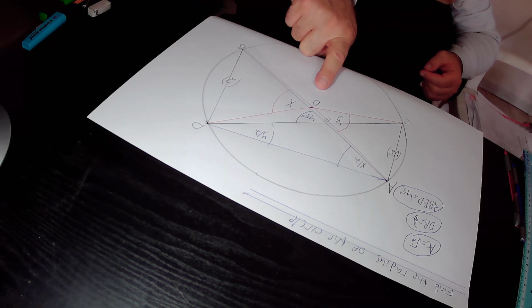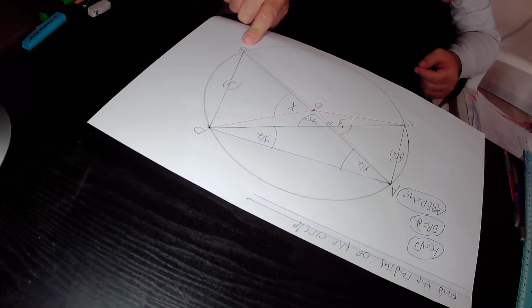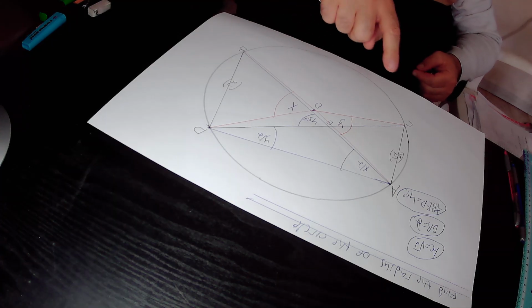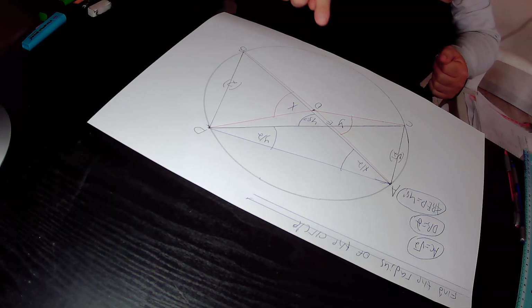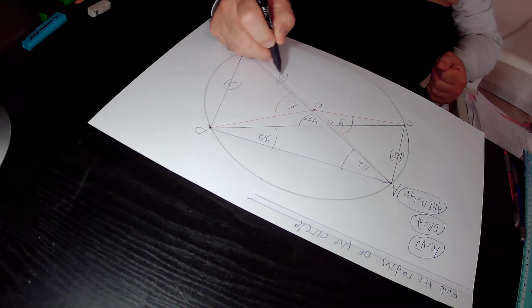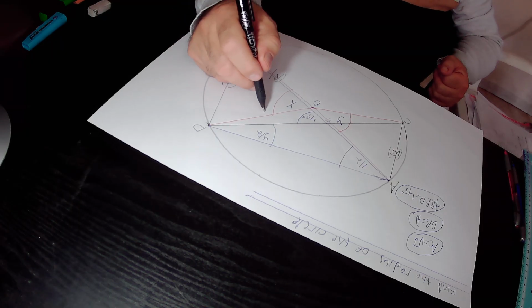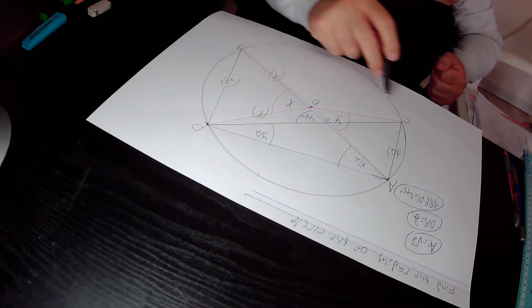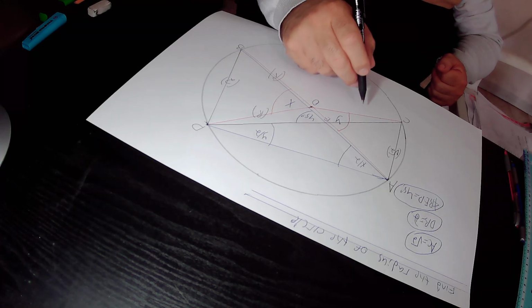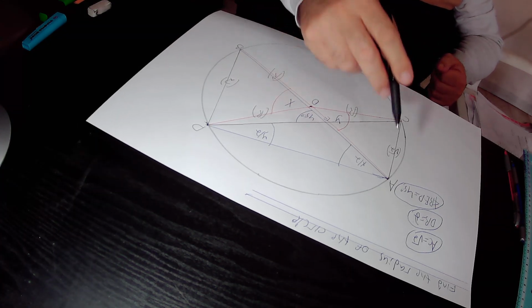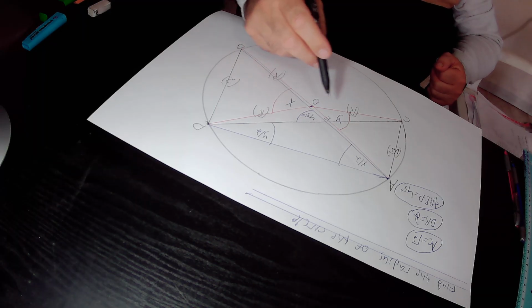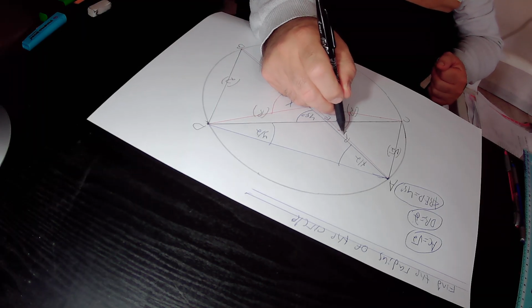Here, point O is the center of the circle, point B is a point on the circle itself. Therefore, OB is the radius of this circle, that is the radius that we are looking for. We define the radius OB as R, therefore OB equals R. Likewise, OD is also a radius of this circle, therefore it is equal to R. OC is also a radius, that is R. And finally, AO is a radius of this circle, equal to R units in length.